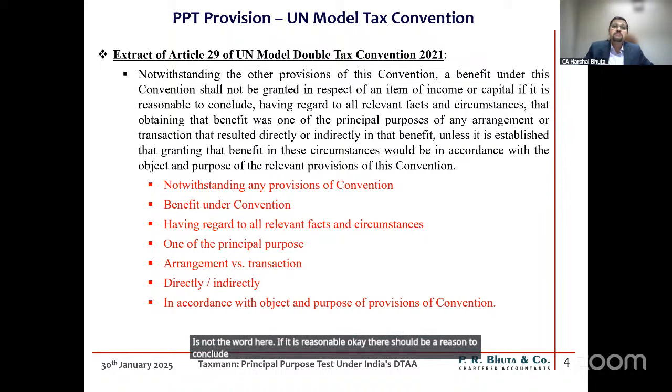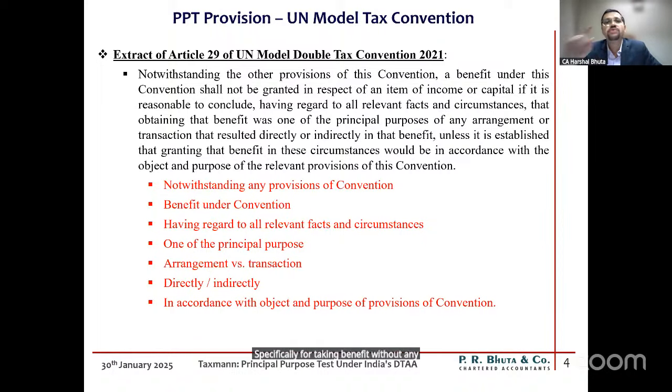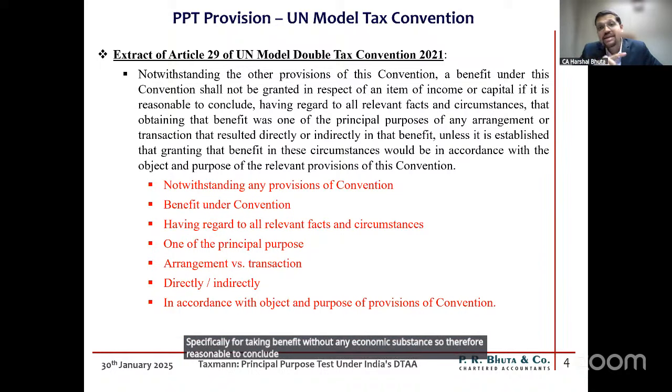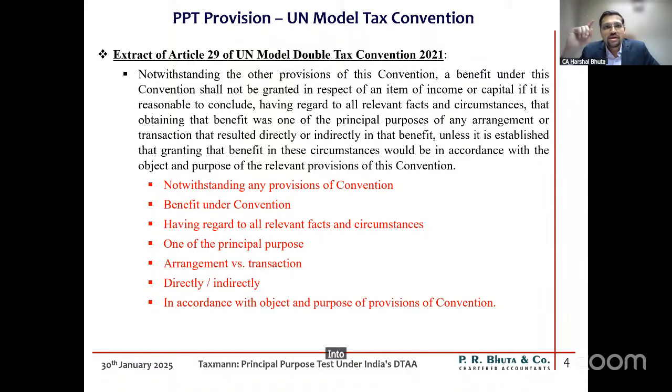So there could be many possibilities. One of the possibilities is that you are using that particular provision of the tax treaty specifically for taking benefit without any economic substance. Therefore, reasonable to conclude, having regard to all relevant facts and circumstances. So a holistic picture needs to be taken into account. What is reasonable to conclude?